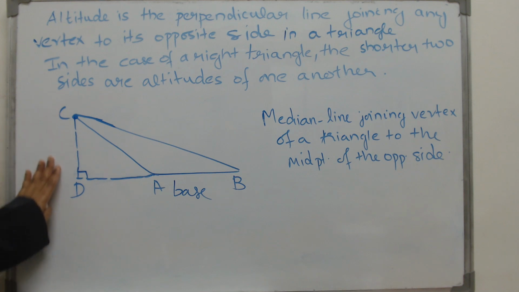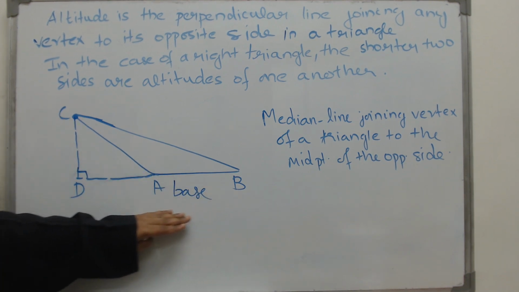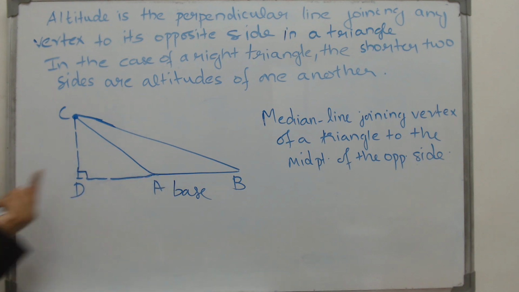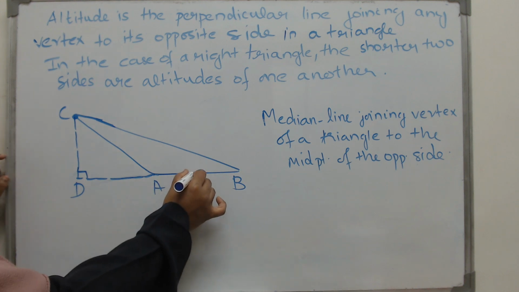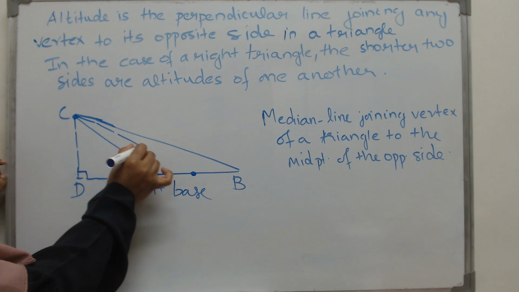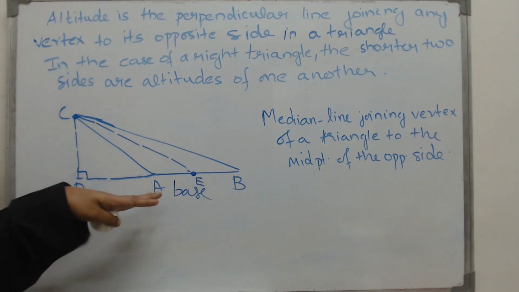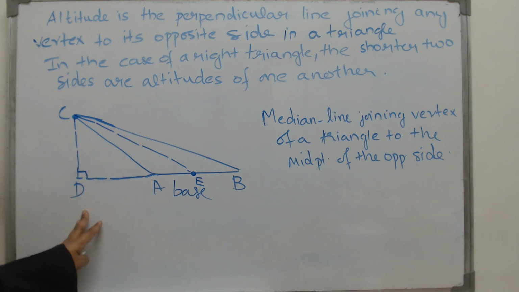Now this line CD is the altitude of the side AB, but you see it is lying outside of your triangle. But then look at the median, the midpoint of AB. You join the median to AB will have to lie inside the triangle. That's a very interesting difference, no?